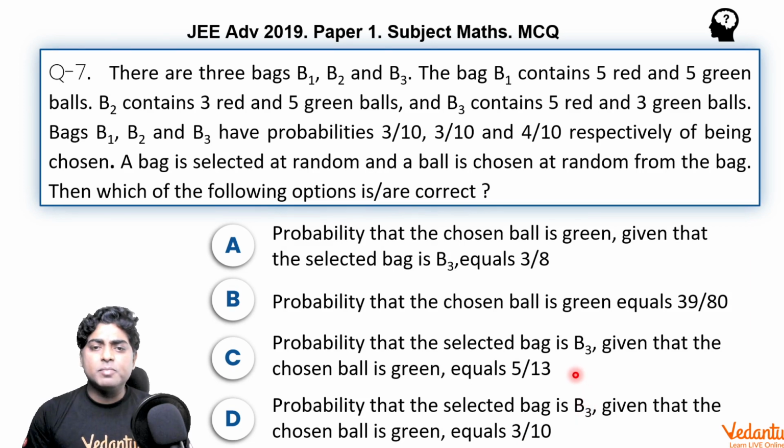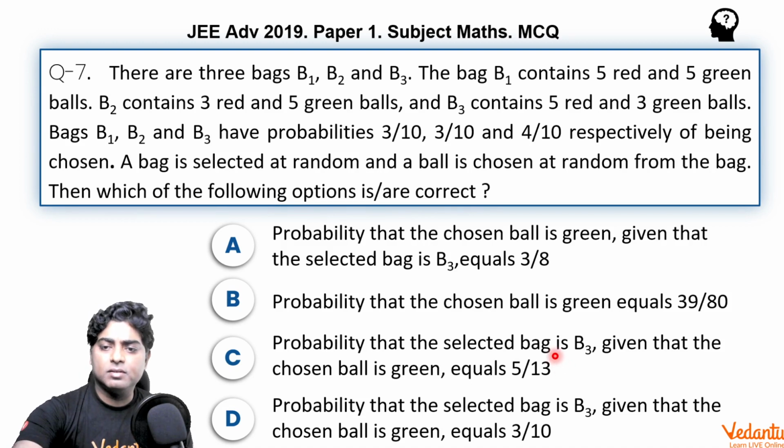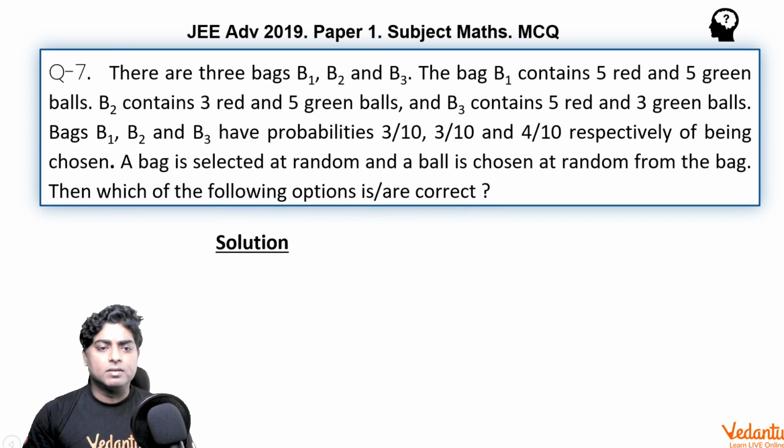If you make a simple tree diagram, let's see how we can find it easily. I am seeing the entire story. I would like to make a tree diagram which will show each and every event and sub-event with their probabilities.